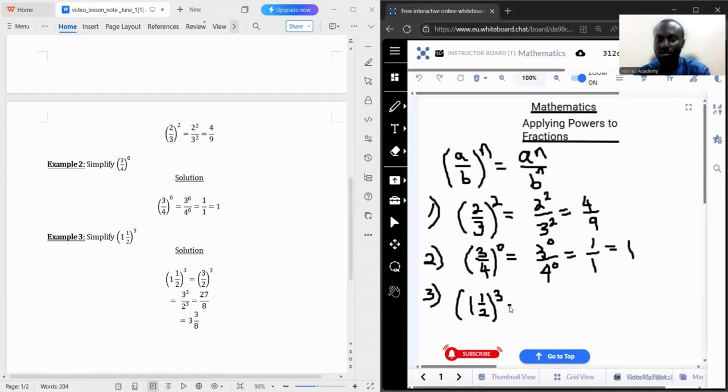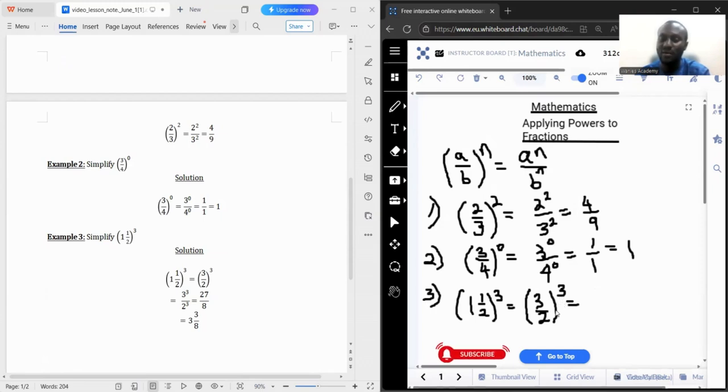Now, we need to express this as an improper fraction before we can apply the method up there. 1 whole number 1 over 2 in improper form makes it 3 over 2, all raised to power 3. In this form now, we can apply our formula up there.